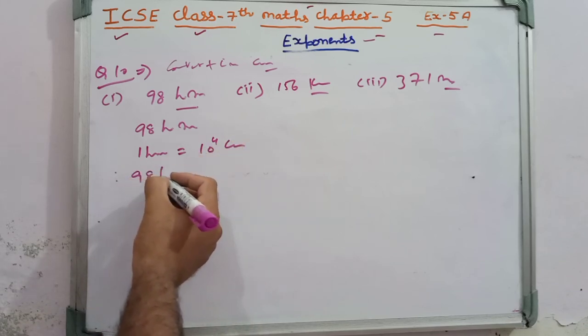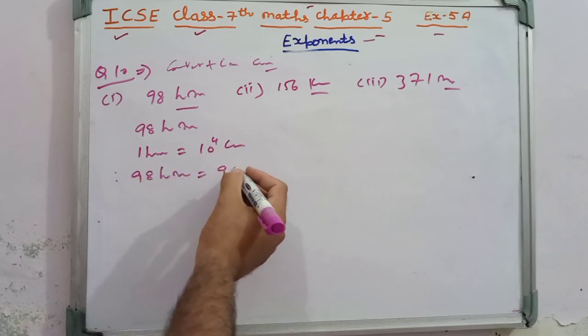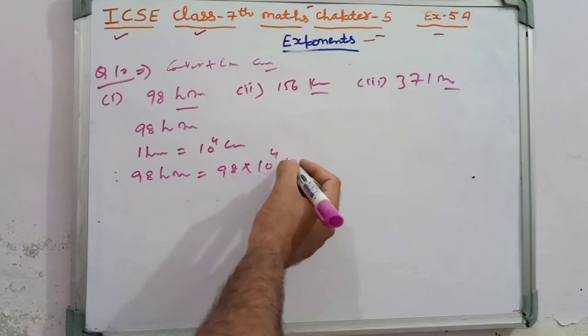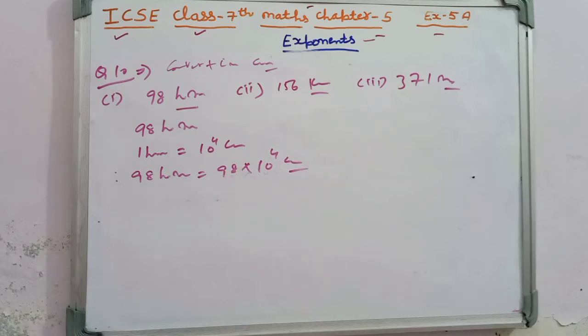Therefore 98 hectometer will be 98 multiplied by 10 raised to power 4 centimeter, right?